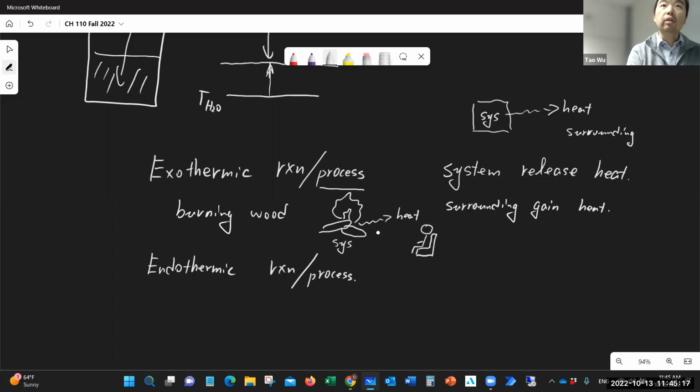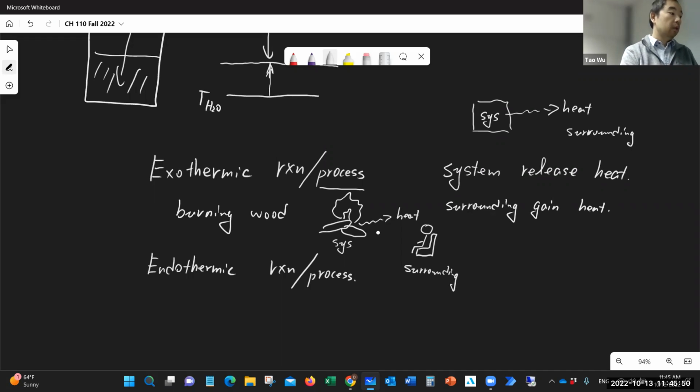You feel warm because you absorb the heat. You are the surrounding. The burning wood is the system, but you are the surrounding. So your surrounding is gaining the heat, but the burning wood as a system is losing the heat. Does that make sense?